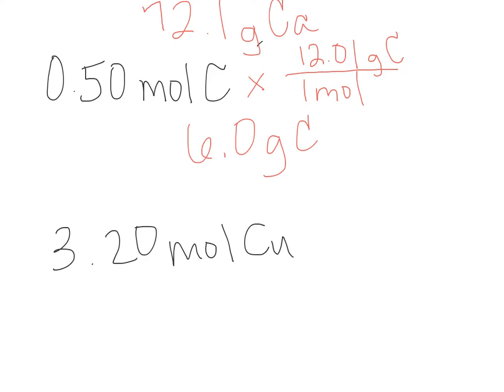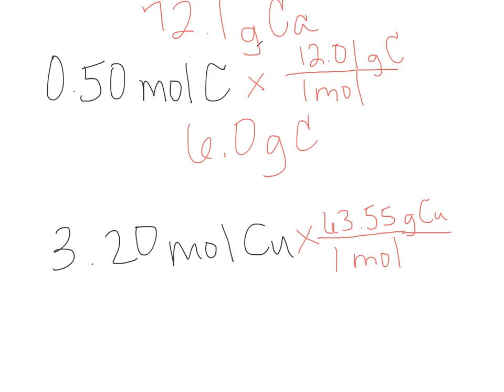Okay, 3.20 moles of copper. We want 1 mole to go on the bottom, and the mass number for copper is 63.55, and that's grams of copper.